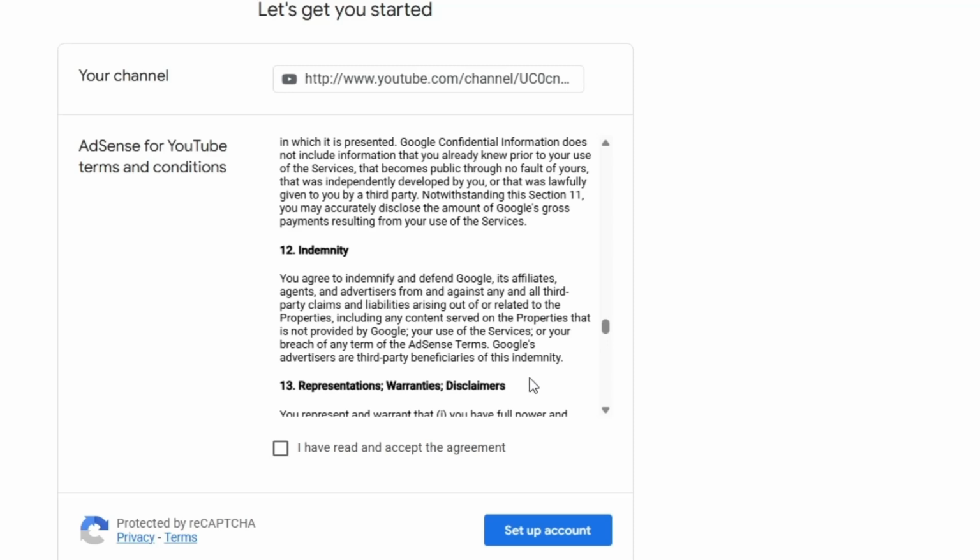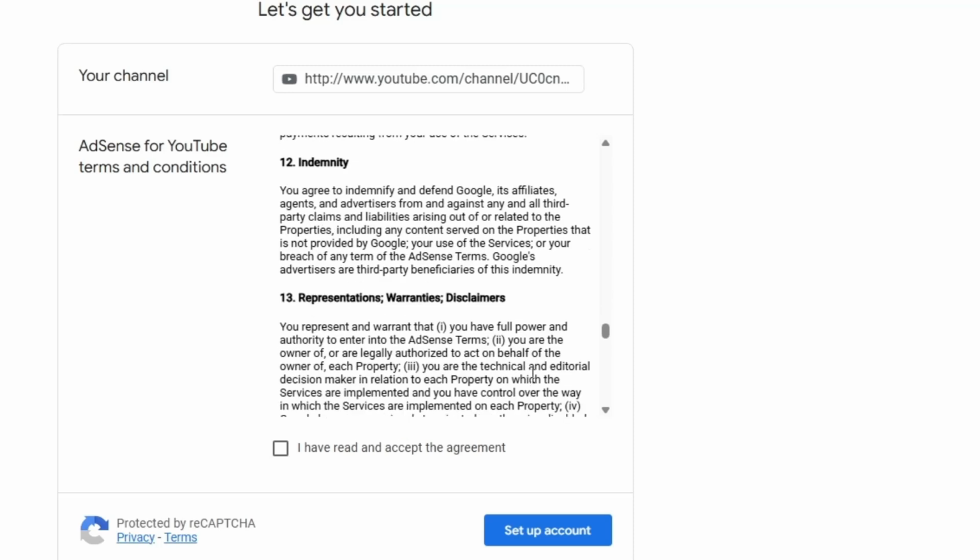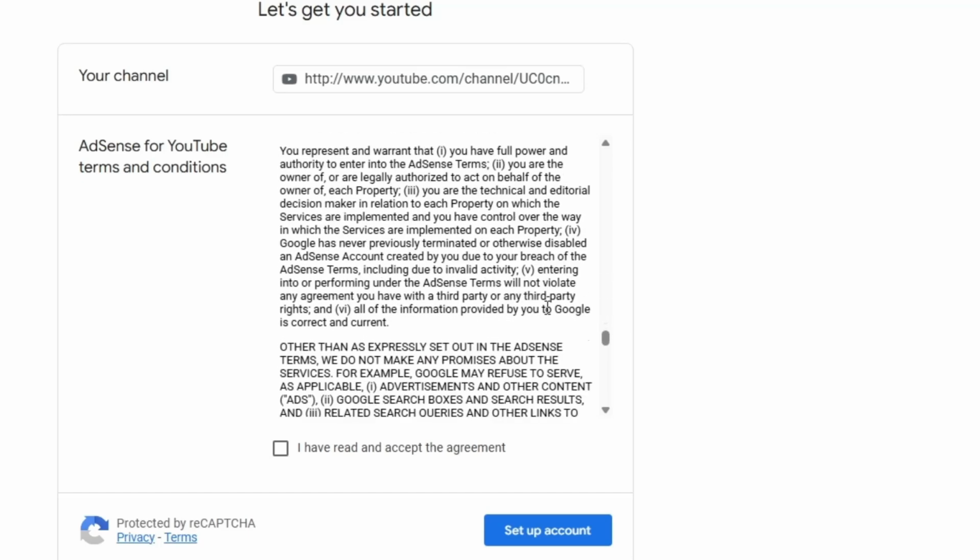13. Representations, warranties, disclaimers. You represent and warrant that: 1. You have full power and authority to enter into the AdSense terms. 2. You are the owner of or are legally authorized to act on behalf of the owner of each property. 3. You are the technical and editorial decision maker in relation to each property on which the services are implemented, and you have control over the way in which the services are implemented on each property. 4.